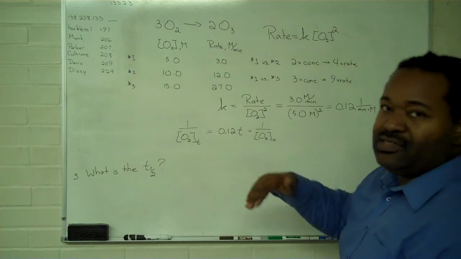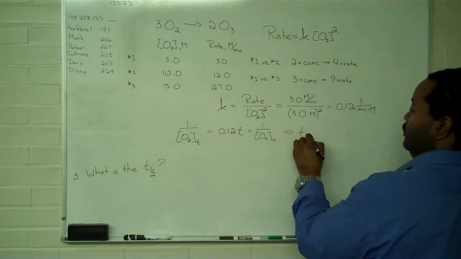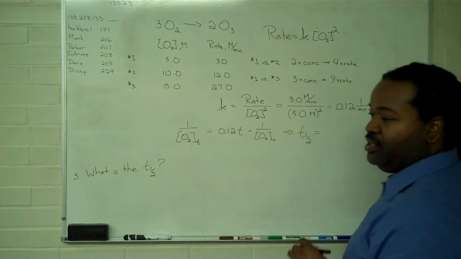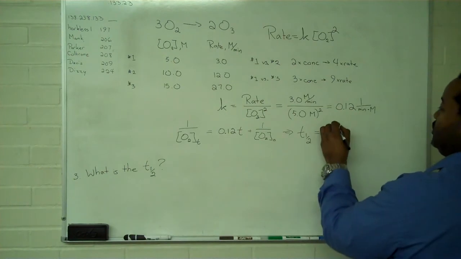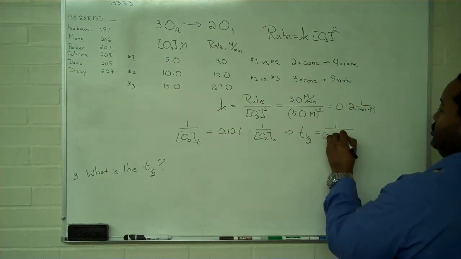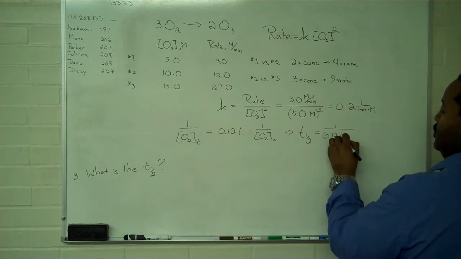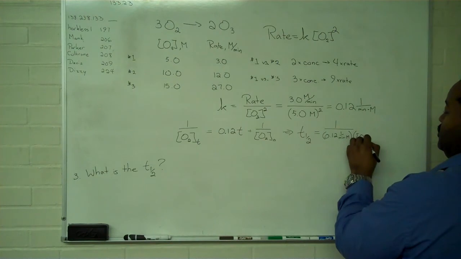And now, because this is a second order reaction, we know the form of T1/2, and that's going to be 1 over the rate constant times the initial concentration. So this is 1 over 0.12 per minute per molar times that initial concentration.